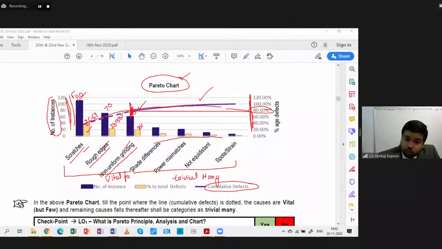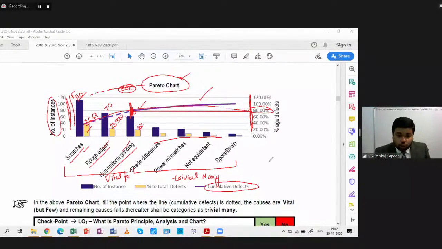Till the stage where the defects are the vital few, you need to draw the curve dotted. The moment you reach 80% of the cumulative defect, thereafter the defects are not significant enough, and you put a straight line. Agreed? I believe it is quite clear to everyone how we can draft the Pareto chart.